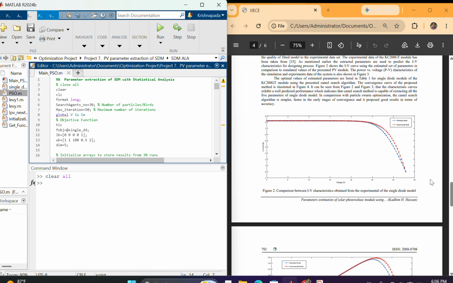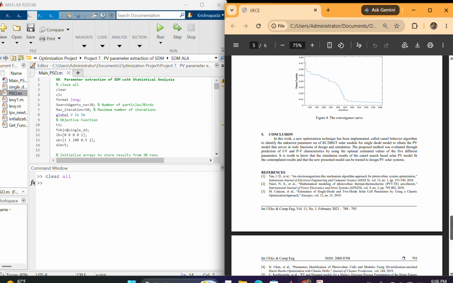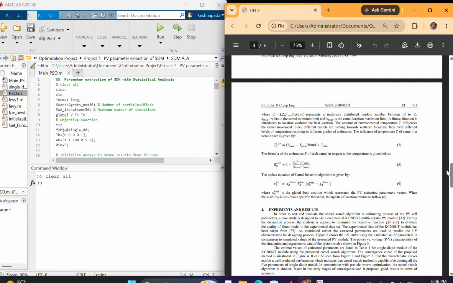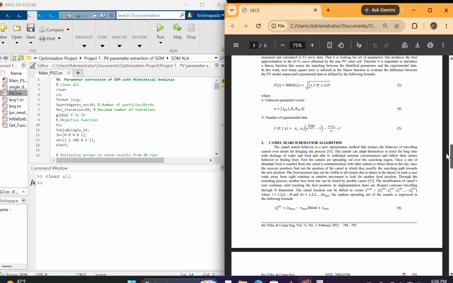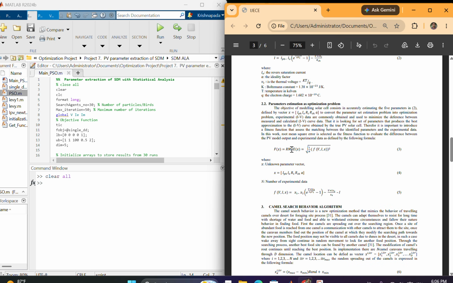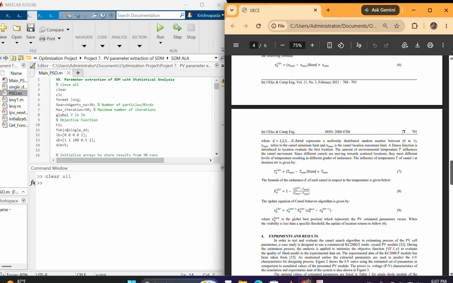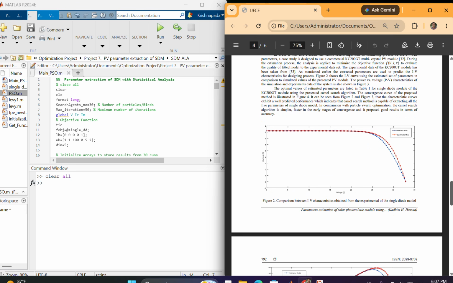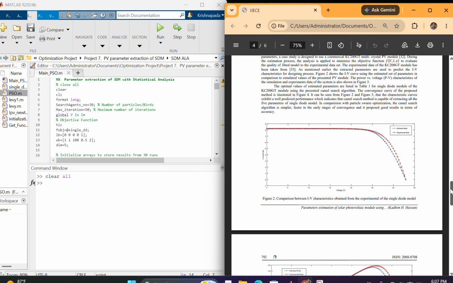Estimation error means the RMSE value, root mean square error. The main objective of this study is to minimize the RMSE between experimental and estimated IV characteristics to accurately extract the photovoltaic model parameters.